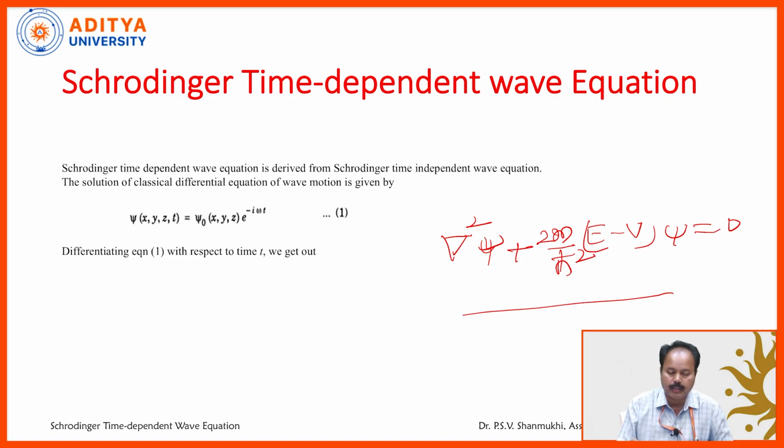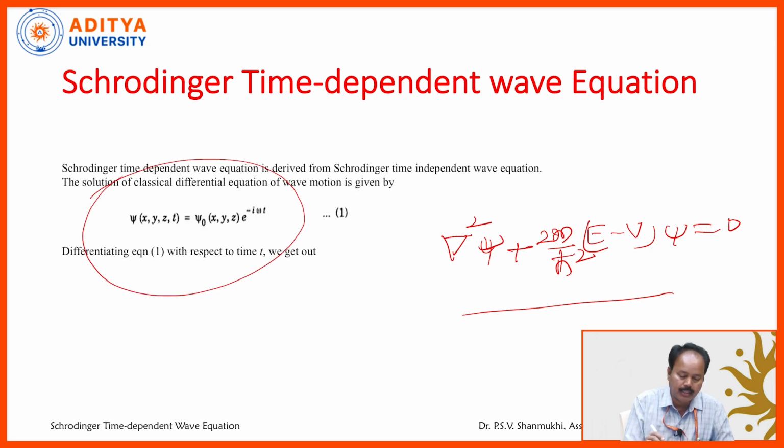This is the Schrodinger time independent wave equation, and the assumed solution for this is psi of xyz t equals psi naught of xyz e power minus i omega t. So this is the assumed solution.